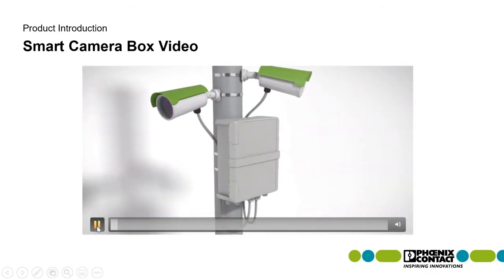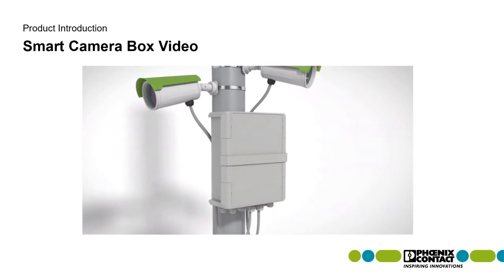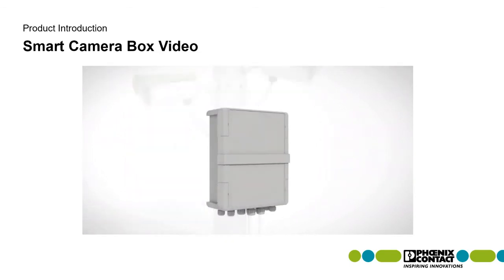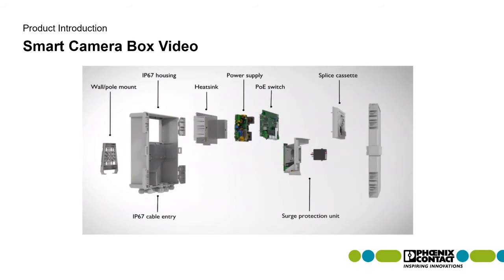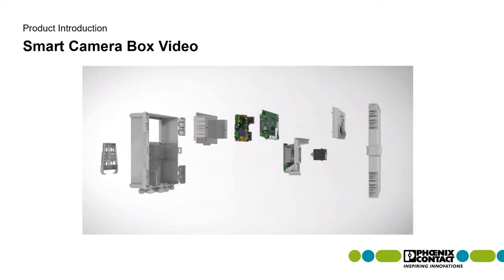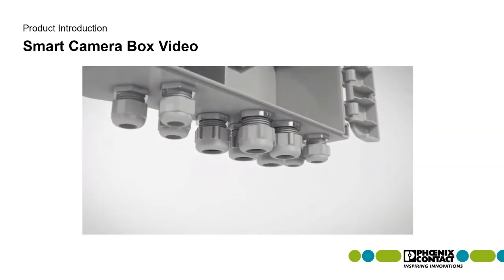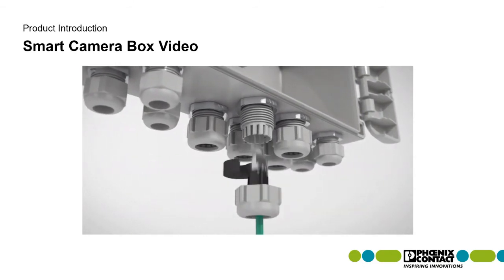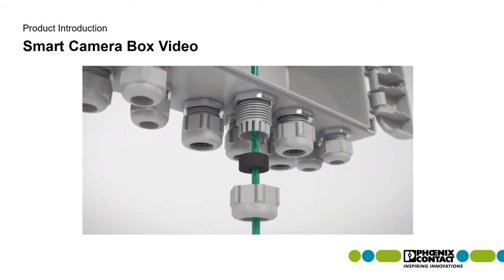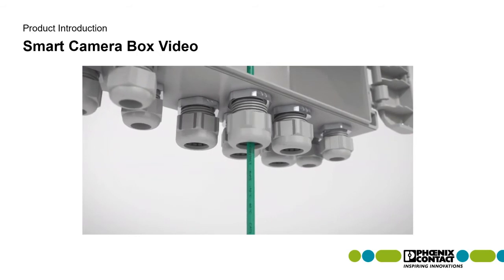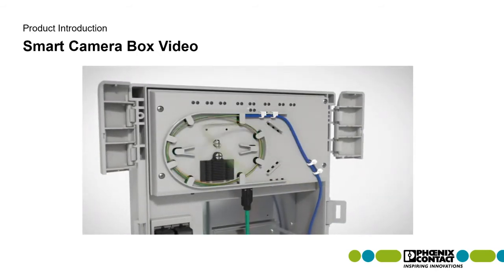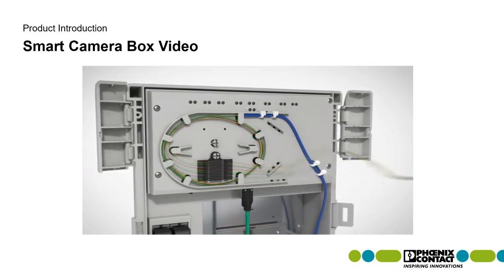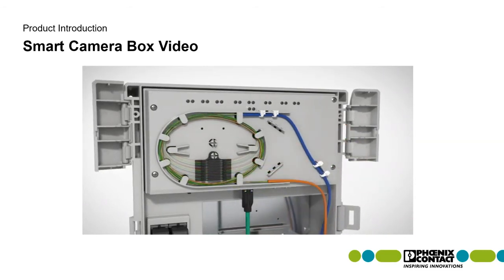The smart camera box is an all-in-one device for connecting your surveillance camera. It is more compact than conventional control box solutions and enables time savings during planning, procurement, and installation. Thanks to the split seals of the cable glands, you can even connect pre-assembled cables and have a waterproof and dustproof connection. By means of the integrated splice cassette, fiber optics can be connected easily and reliably.